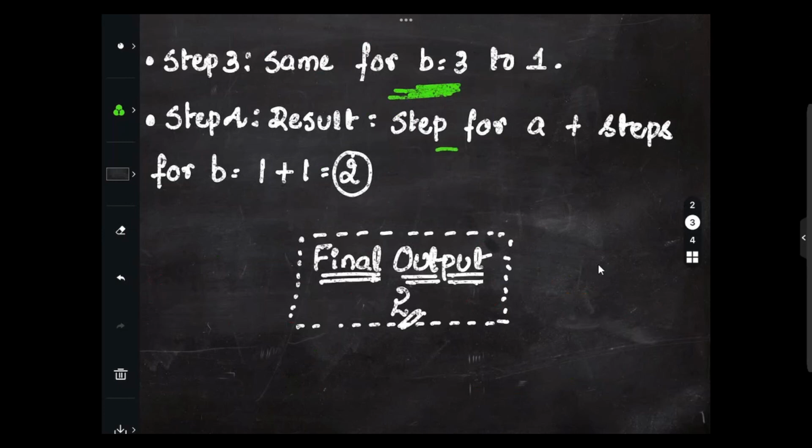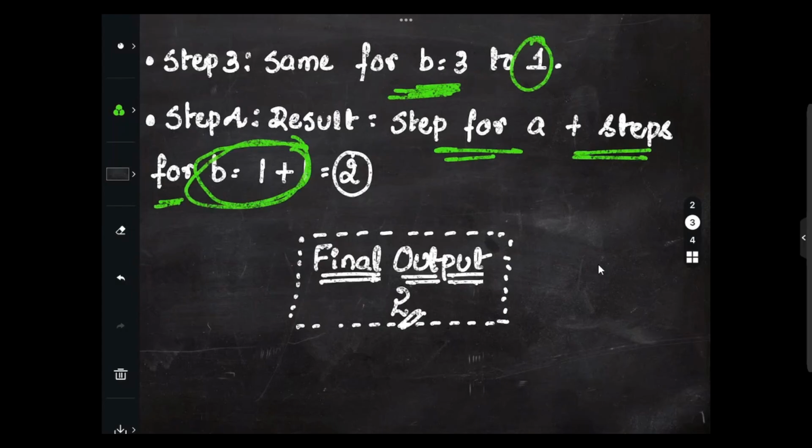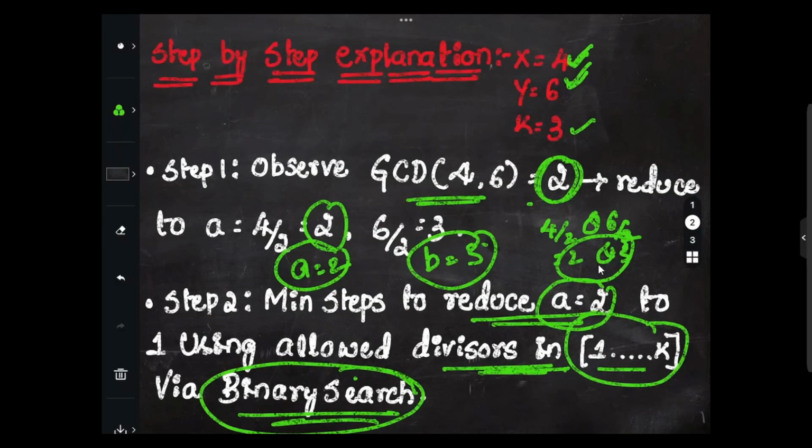So steps for a plus steps for b will be 1 plus 1. We have to reduce this one to 1, and this one to 1 as well. In this case, the steps we got for this one is 1, and for this one also 1.